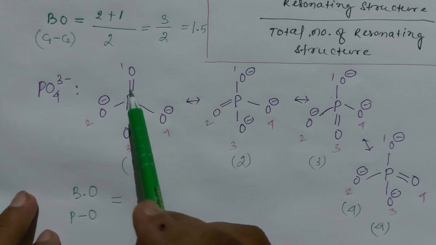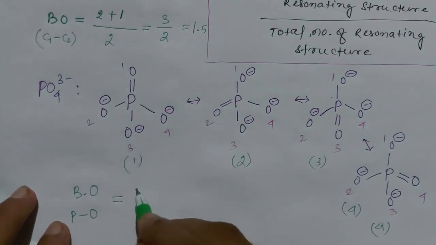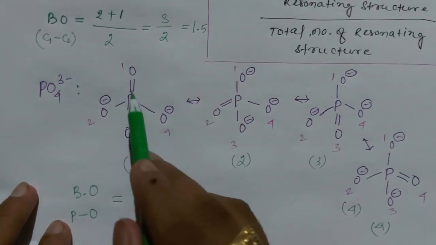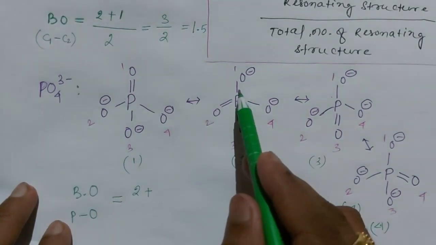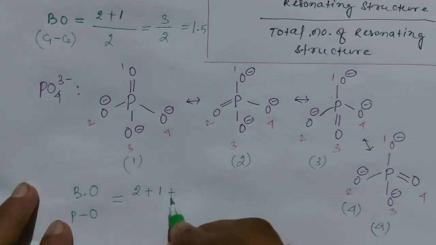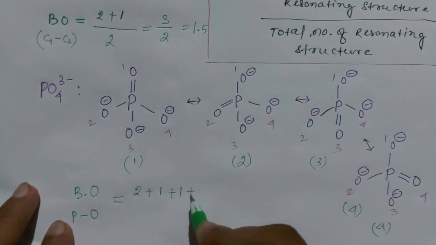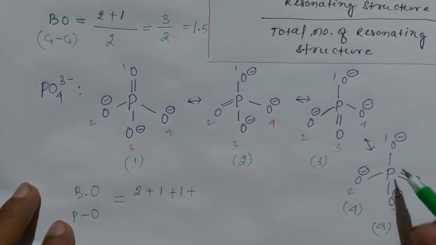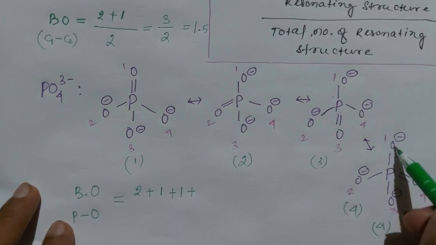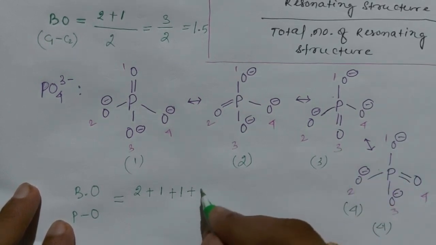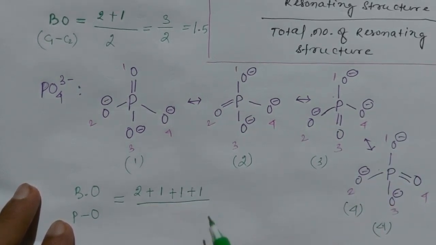Here this structure 1 contains 2 bonds. This structure 2 contains 1 bond, plus this structure 3 contains 1 bond, plus this structure 4, P with this oxygen, contains 1 bond, divided by the total resonating structures.